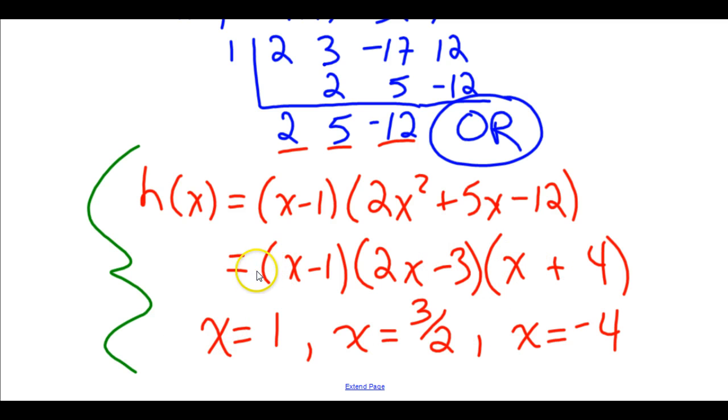And then in order to solve that, I'm interested in where does this thing equal 0? Of course, I'm looking for the zeros, so the zeros occur when x is 1, because this whole thing is 0 times whatever. When x is 2/3 here, or sorry, 3/2 here, because then this becomes 0, and -4 here, because then this becomes 0.